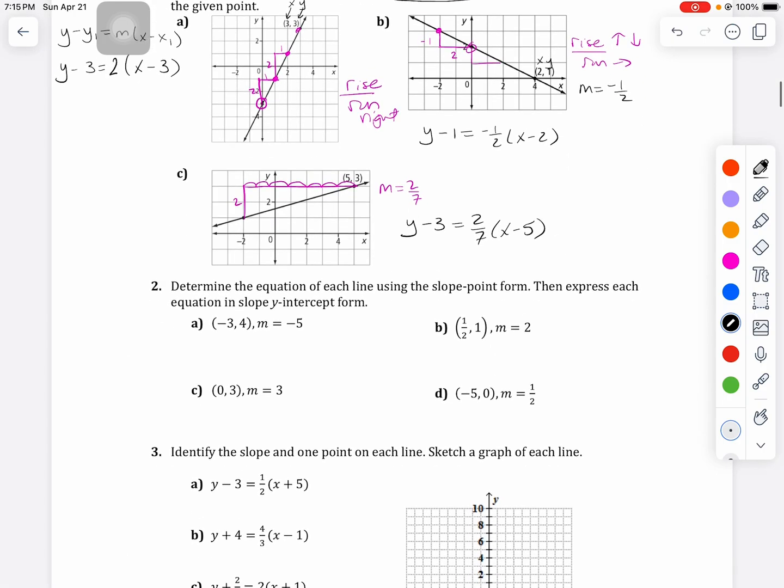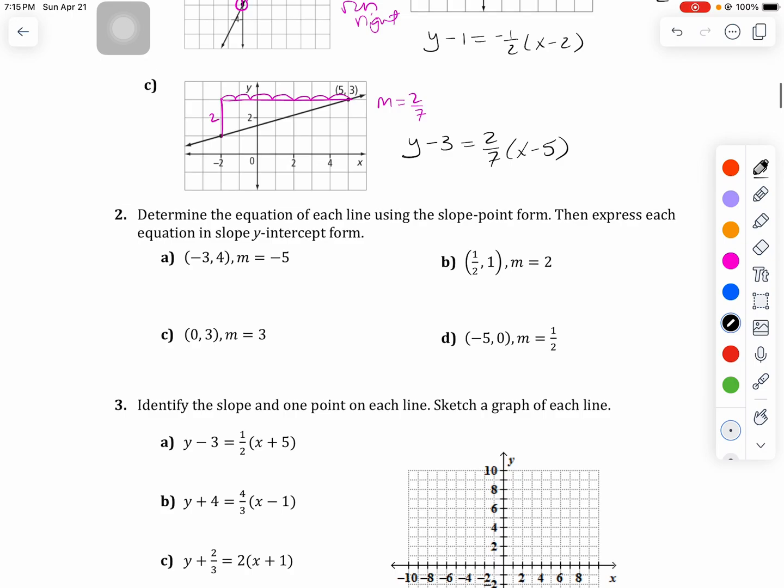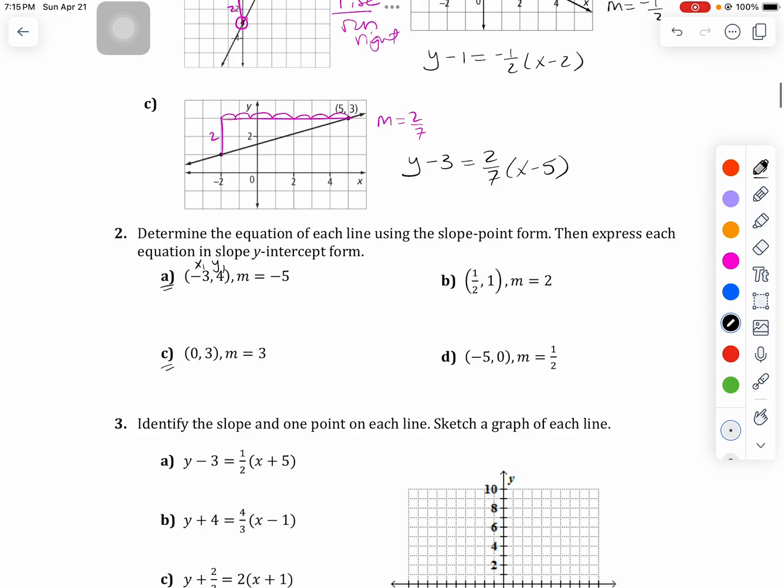All right. So for question 2, I would recommend that you try and do a couple on your own. But if you're stuck on question 1, here again, they're giving you the point, x1, y1, easier than the graph.